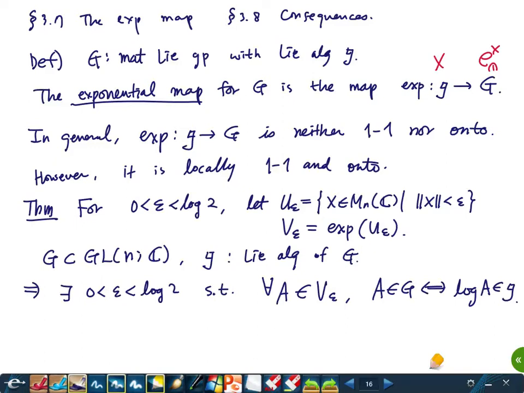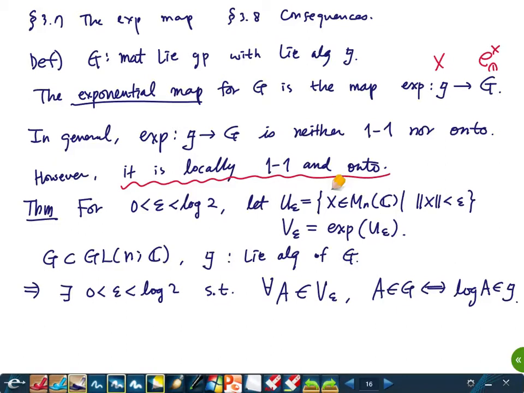Just by looking at this theorem, it may not be completely clear why it means one-to-one and onto. But if you think about it a little bit, it does mean that this exponential map is locally one-to-one and onto. Let me explain.